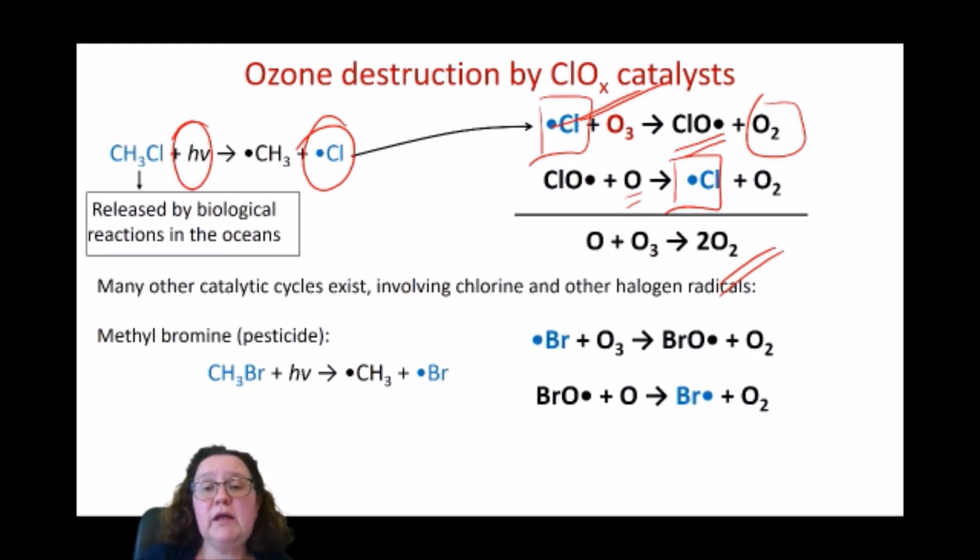And a similar process can be described with the brominated species. Again, when they absorb the right solar radiation with the right wavelength, they produce the bromine radical, which goes off to react with a molecule of ozone and produce this bromo oxide radical, and then the bromo oxide radical reacts with an atom of oxygen, and the bromine radical is recovered.